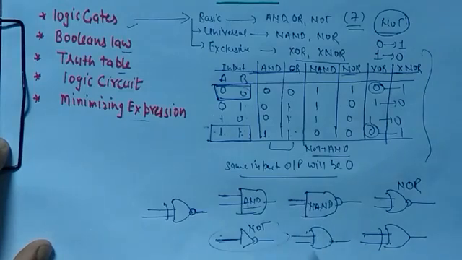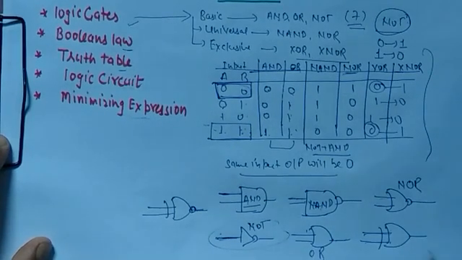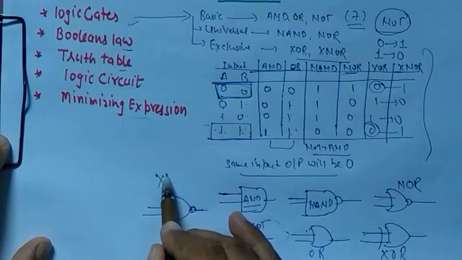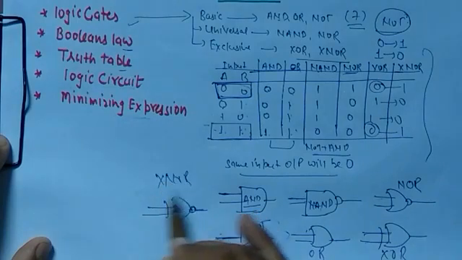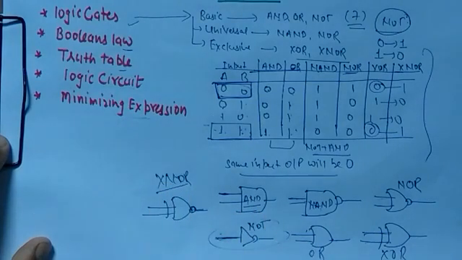Now what is that gate? This is OR gate, and this is XOR gate, and this is XNOR gate.